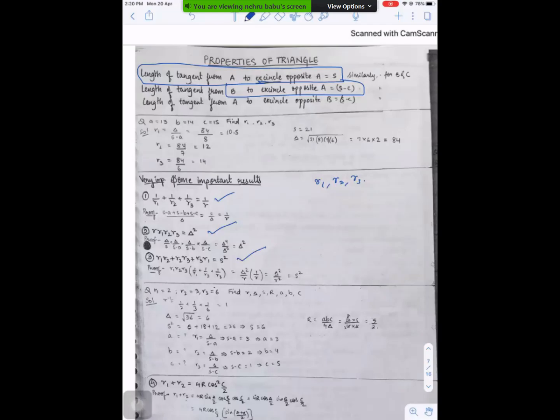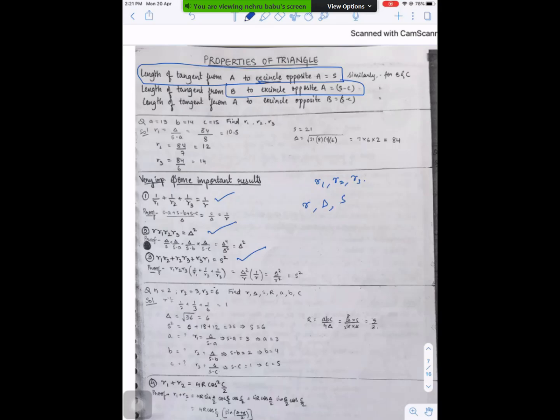Next, you can find s with the help of R1R2 plus R2R3 plus R3R1. If you simplify this, you will get s square. So with the help of these three formulas, you can find r, delta, s. The sum of reciprocals gives the reciprocal of r, the product of all these gives delta square, and the sum of pairwise products is s square. So in this method, you can find r, delta, s.